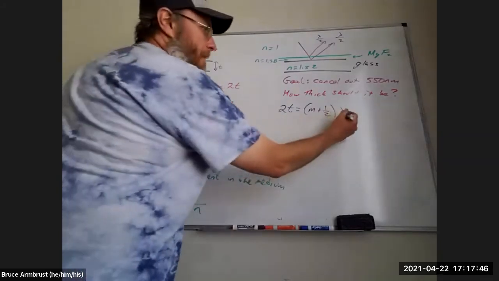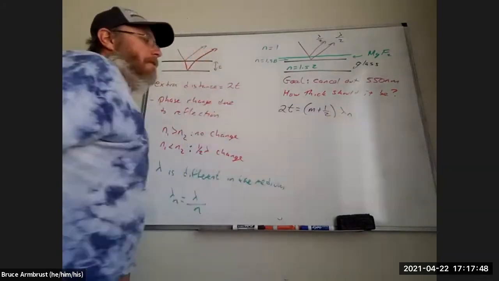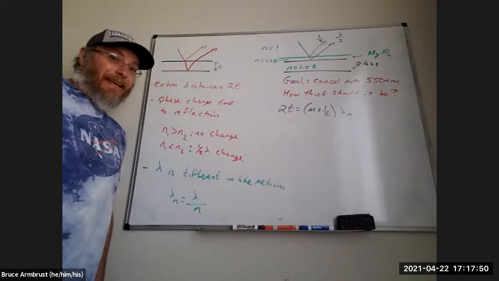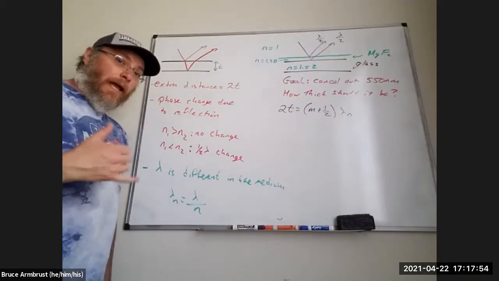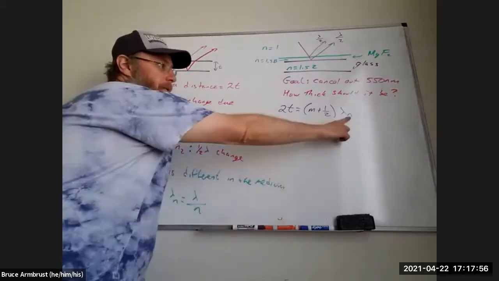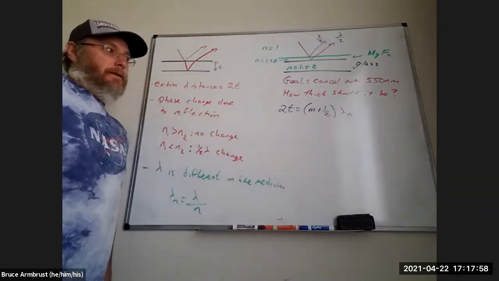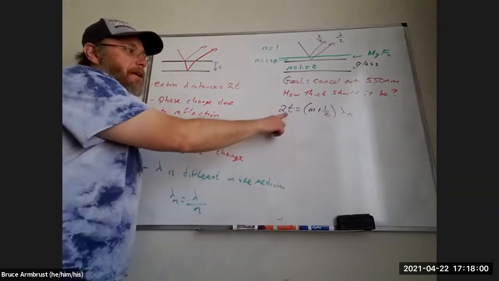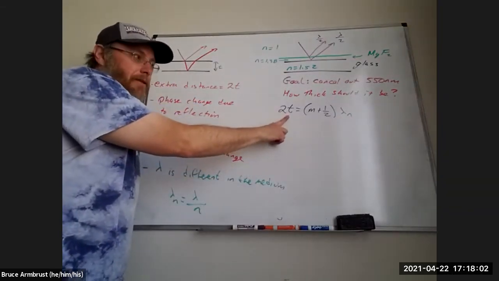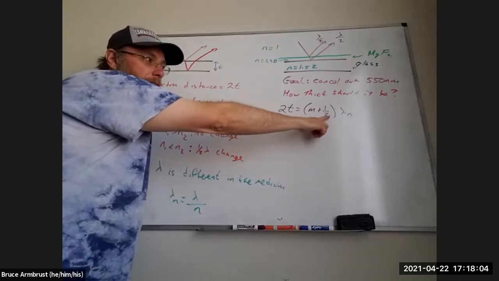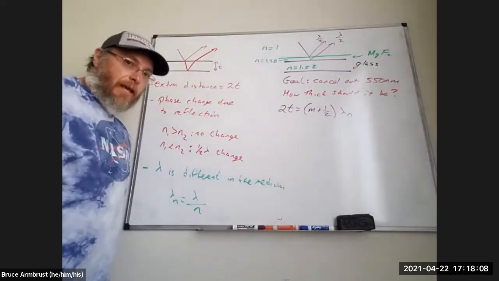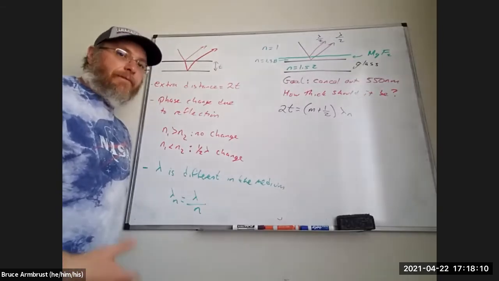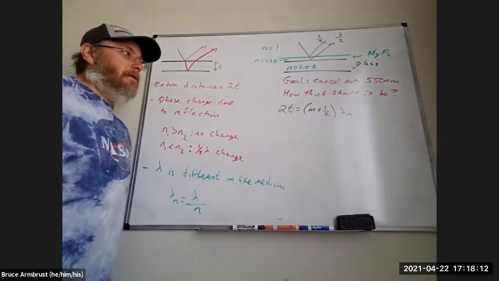But that lambda is actually lambda n. I need the wavelengths in the material to be such that when it goes down and back, the thickness is either half a wavelength or 1.5 or 2.5 or 3.5 or 4.5, and so on down the line.